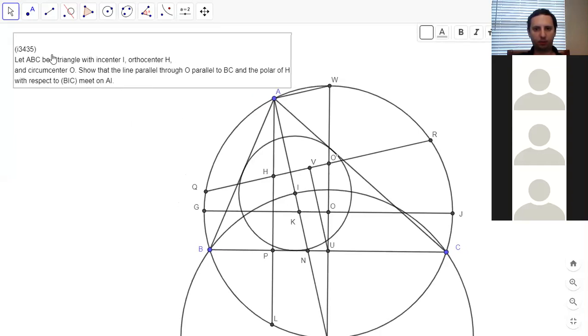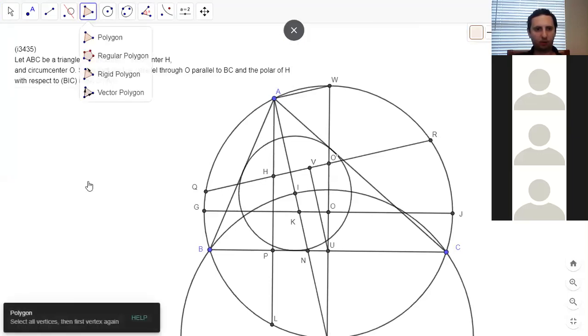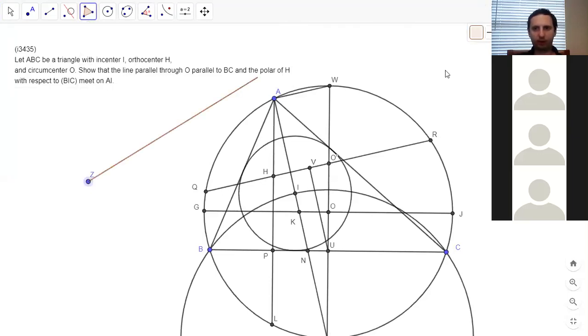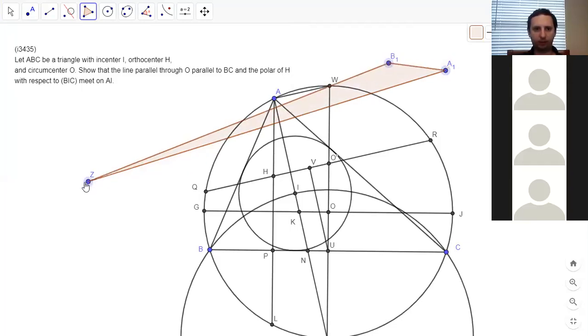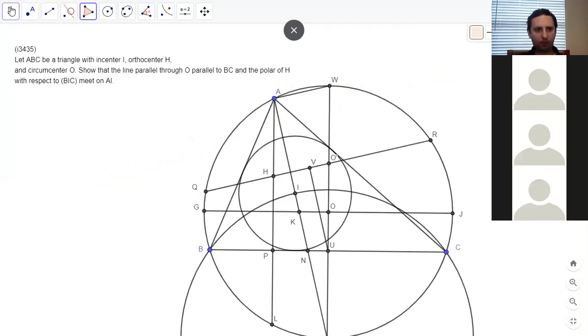So I'm going to start writing this up. First I'm going to state the incenter-excenter lemma.